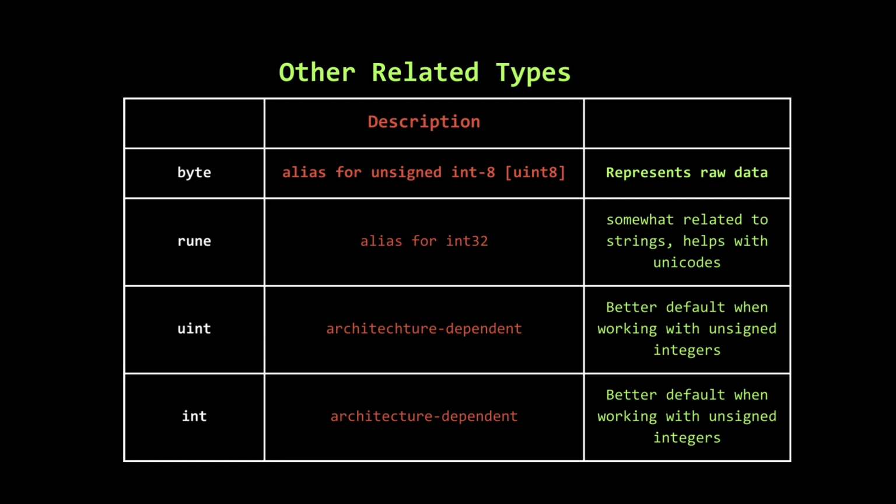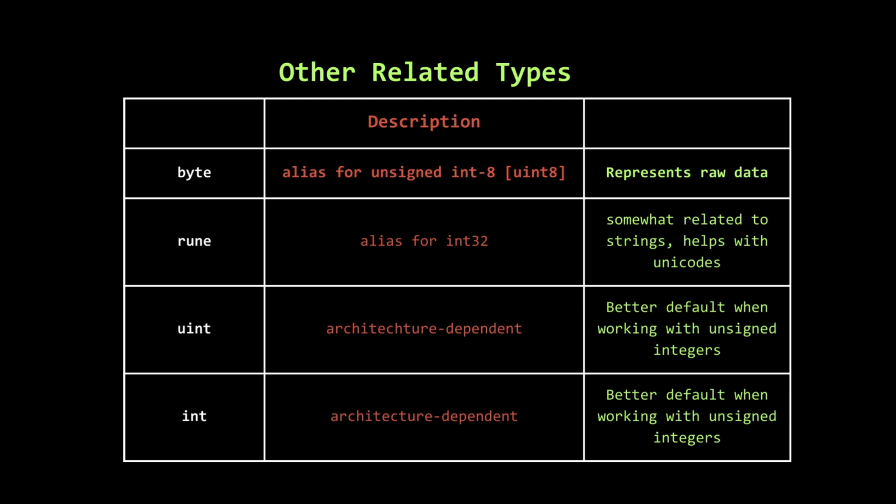Then we have the rune, which is an alias for int32. Most of the time it is related to strings, but runes are used to represent Unicode because they cater for it better than using, let's say, a byte value.